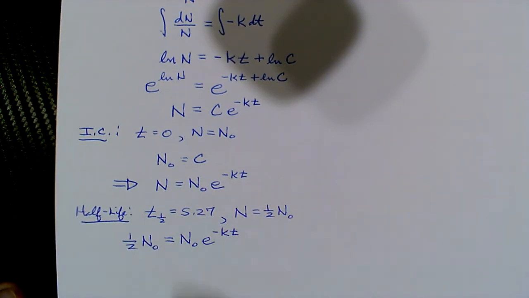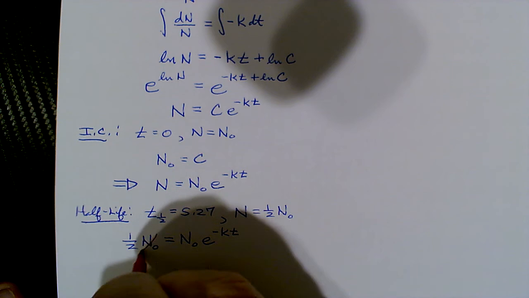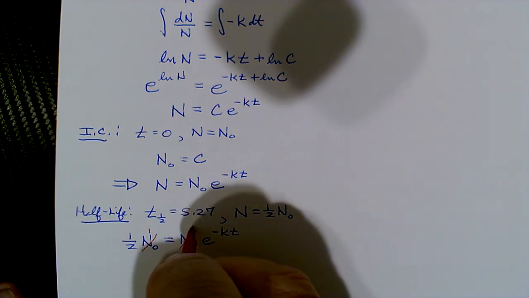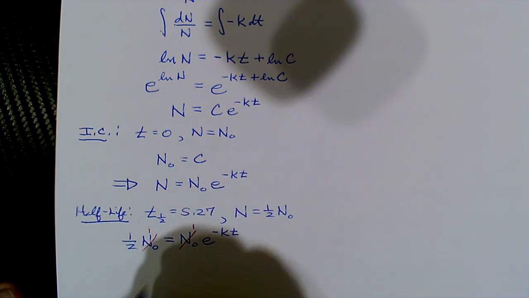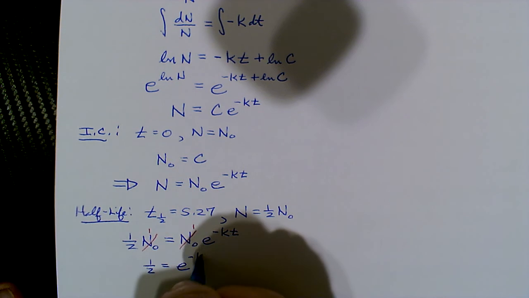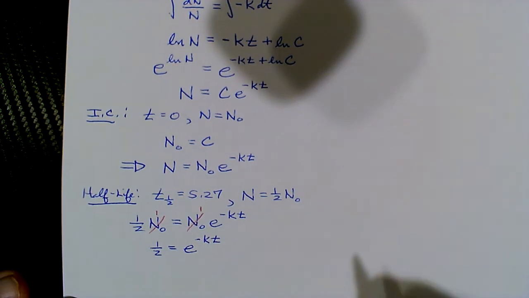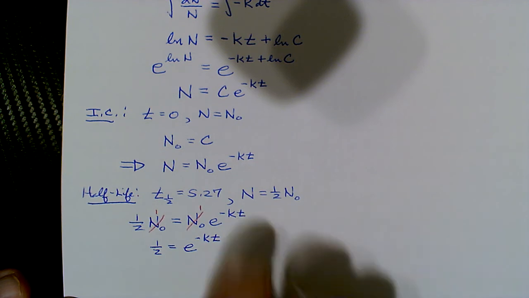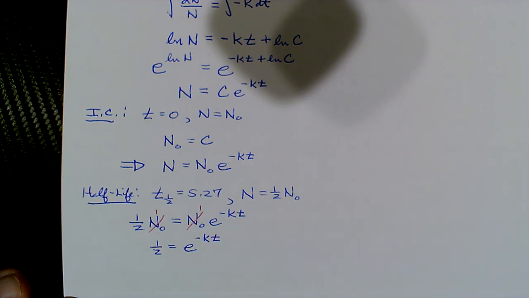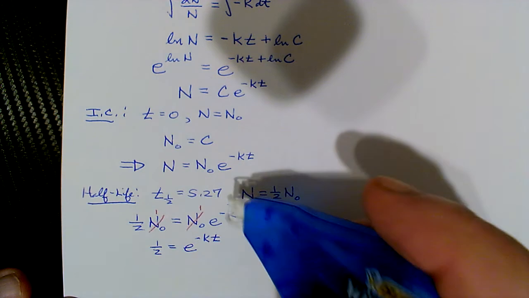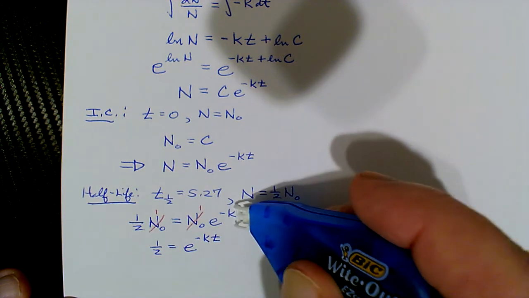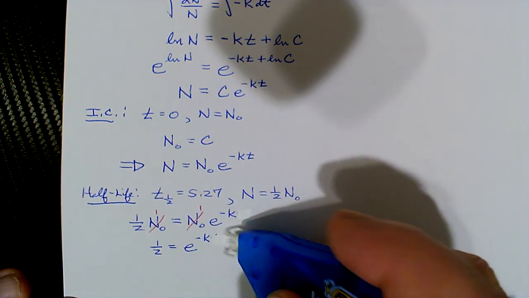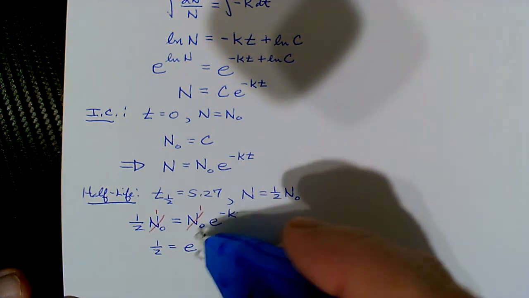But now we can cancel out the n sub 0s, replace them by 1s if you want to show that, and we get 1/2 is e to the negative kt. And we need to solve, or negative 1/2, I'm sorry, it was at this point here, I made a mistake. When I substituted the 1/2 n sub 0, I should have also substituted in the half-life time.